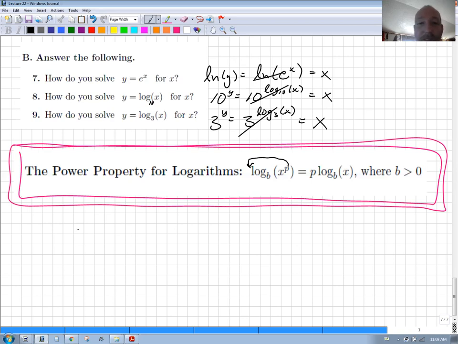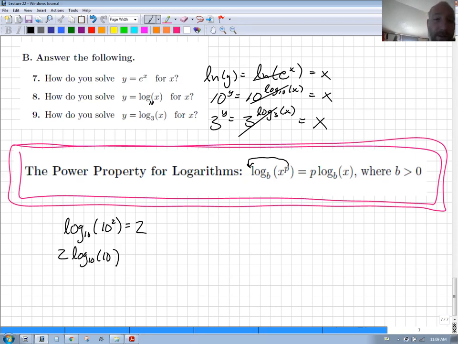Let's look at an example, I guess. What if we did log base 10 of 10 squared? All right, this is going to be equal to 2. Log base 10 of 10 to the second power, okay? Versus 2 times log base 10 of 10.